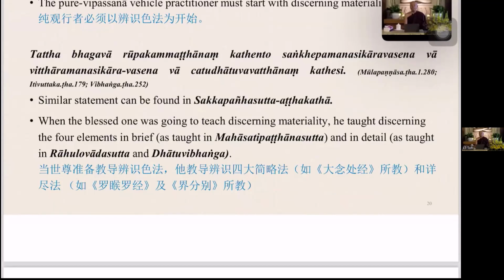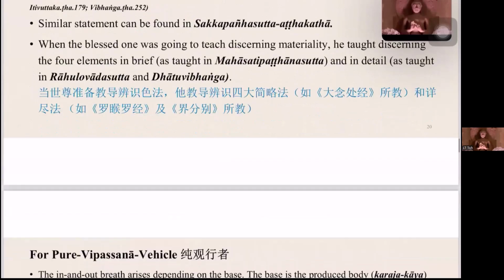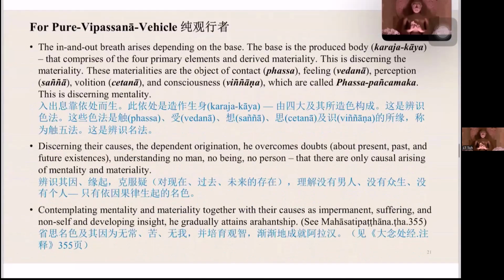We must say yes, it's possible. Since we don't have very strong concentration, or we don't have jhana, we don't have many choices. We have only one way. Just some rupa, after that go back to nama. We have to continue nama-rupa. Okay, now we have to proceed for the pure vipassana vehicle.